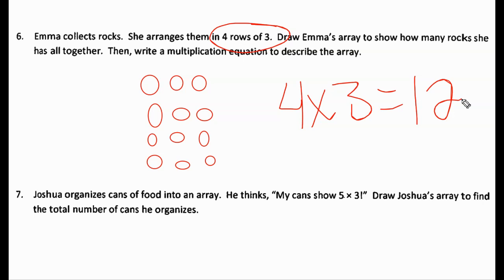So this is what he thinks. Oh, my cans show 5 times 3. Okay. 1, 2, 3, 4, 5. And there's 3 in each row. Yep, that's right. It just says to draw an array. Does it say to do anything else? No.